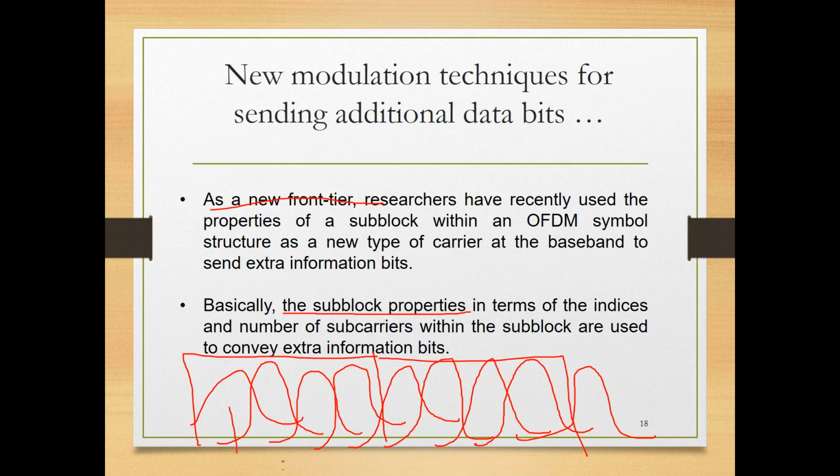We have the position of the subcarriers, the number, the amplitude, the shape. If we play with these properties and change them according to the incoming data information, we can send more data bits. Of course, this has some trade-offs, some advantages and disadvantages, but this is the new carrier, different from the sinusoidal functions, including sine and cosine, that we use in order to convey and send more information.